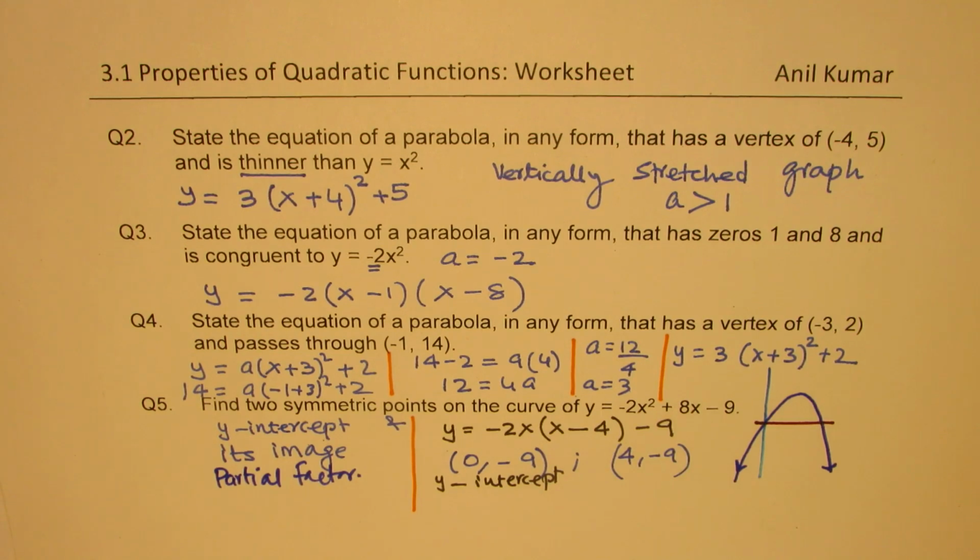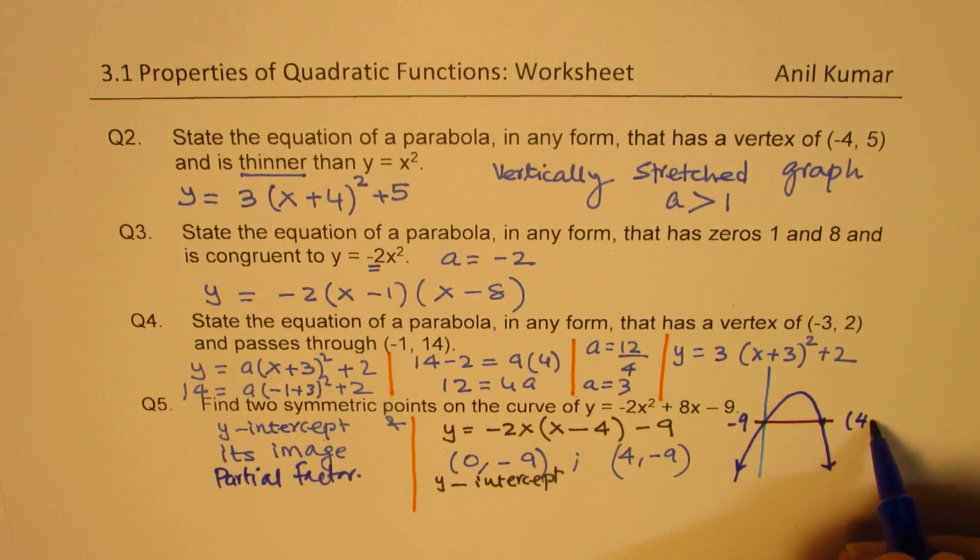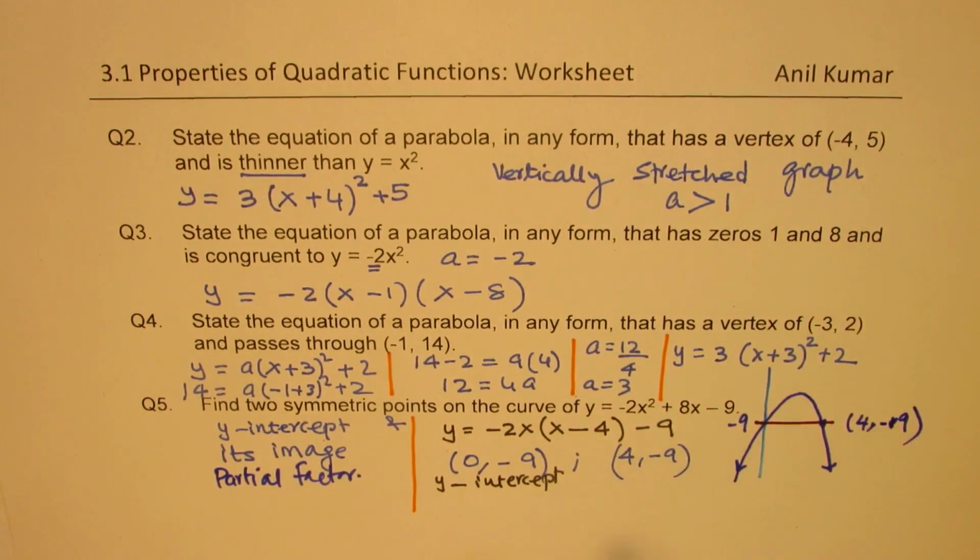So this point here will be 0, minus 9, right? And this is at 0. And this point here will be 4, minus 9. Do you see that? So at 4, that will be minus 9. So that is how you are going to get your parabola, correct? So I hope this concept is absolutely clear.